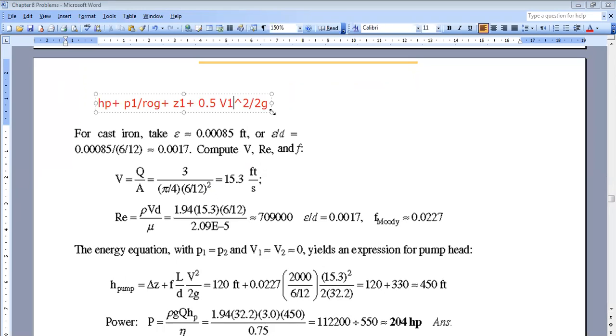Do we have anything else from this side? No. From the other side, what do we have? Equals to, from the other side, what do we have?